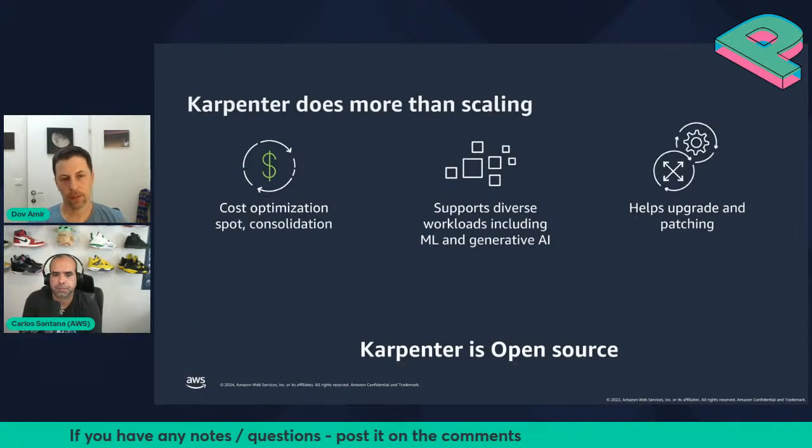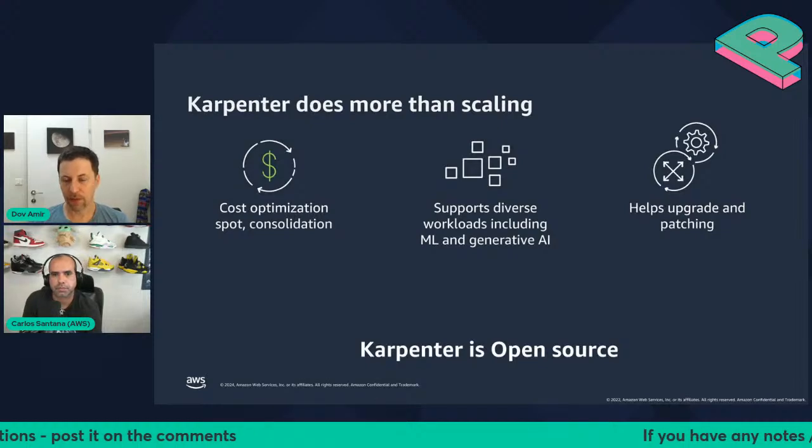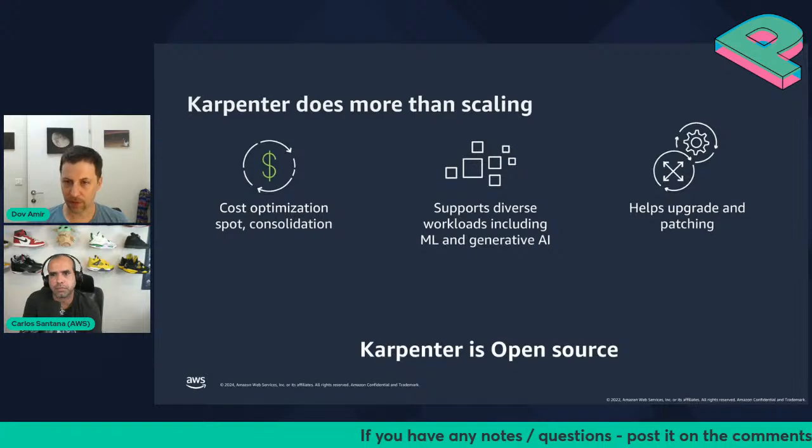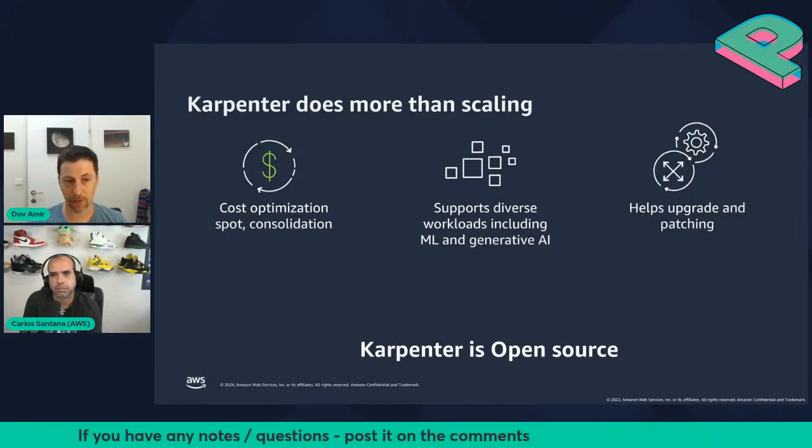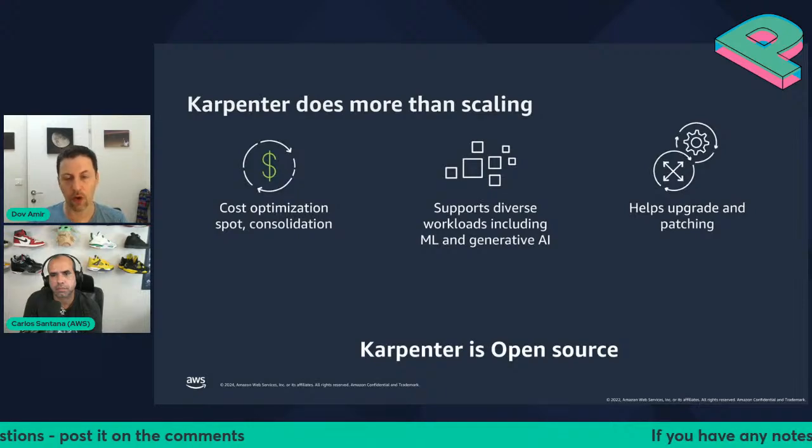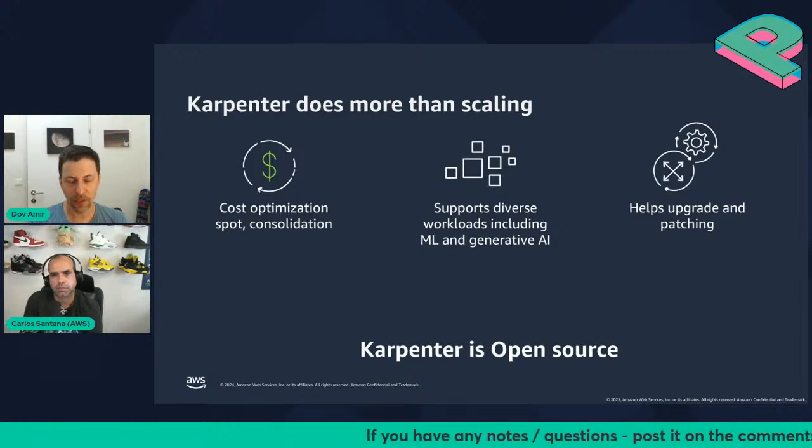Yeah. So Karpenter does cost optimization in various ways. One of them is how it handles spot instances, and we'll talk about that later on. And another interesting thing that is relevant not only to spot, even if you're using on-demand instances, Karpenter will do what's called consolidation.